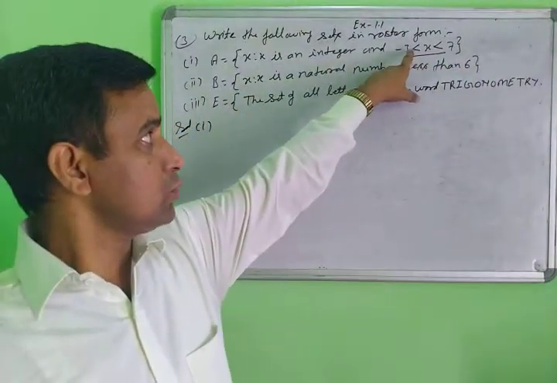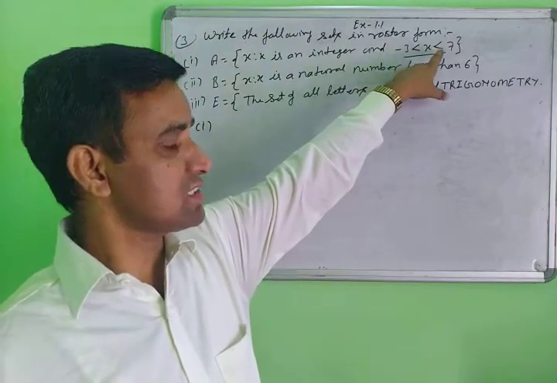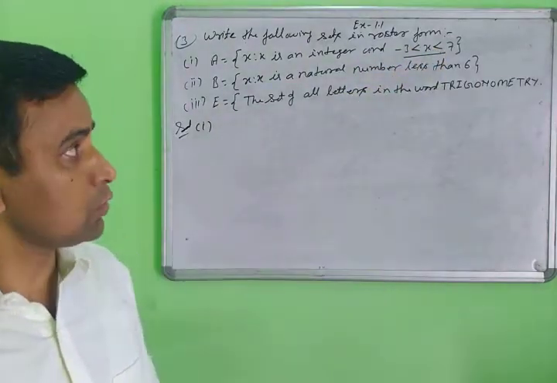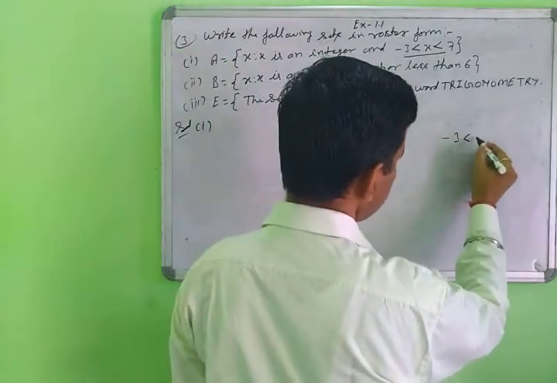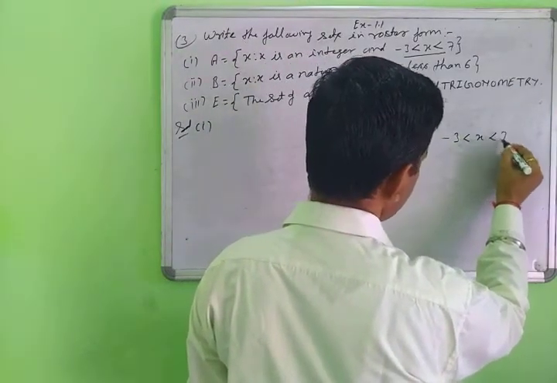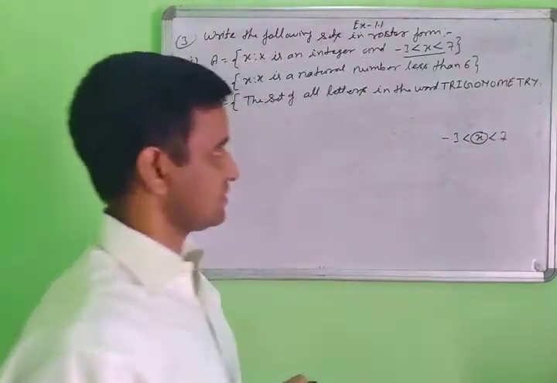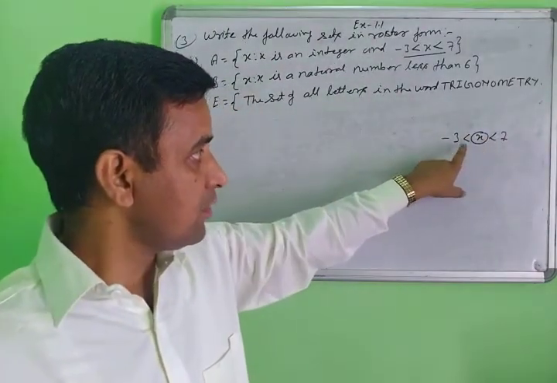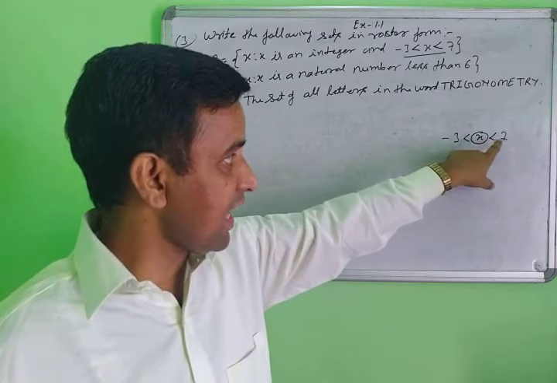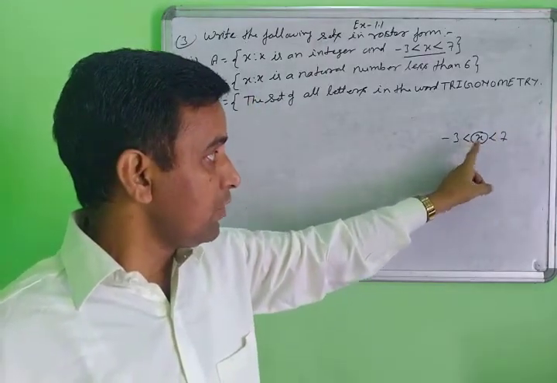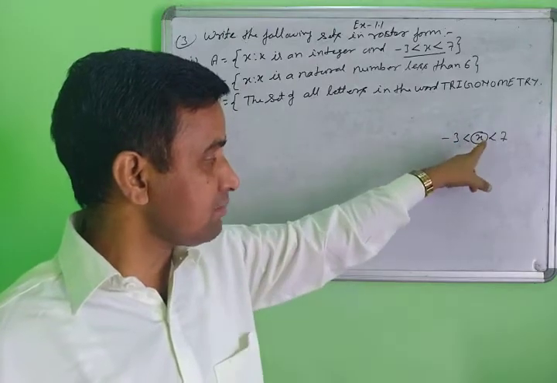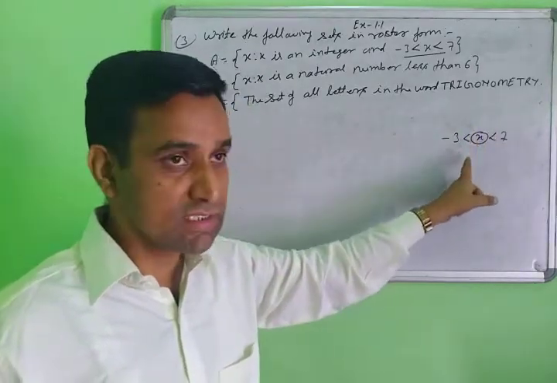Here the less than sign is used on both sides, not the equal sign. It means the value of x is more than minus 3 and less than 7.